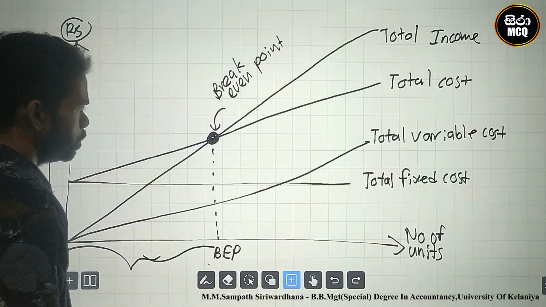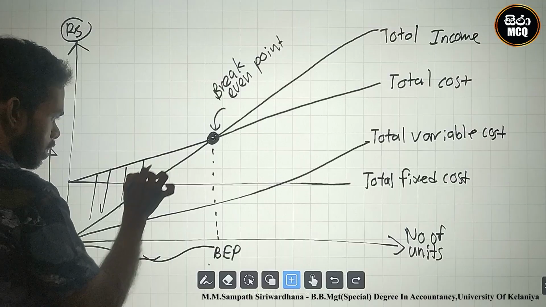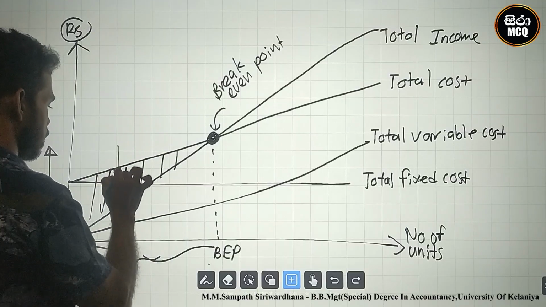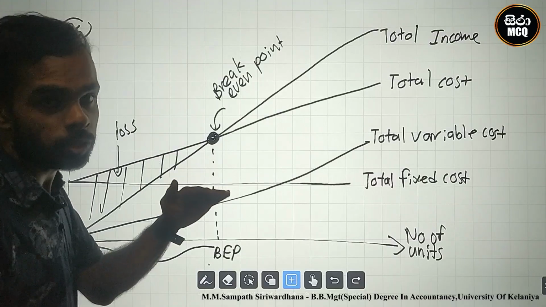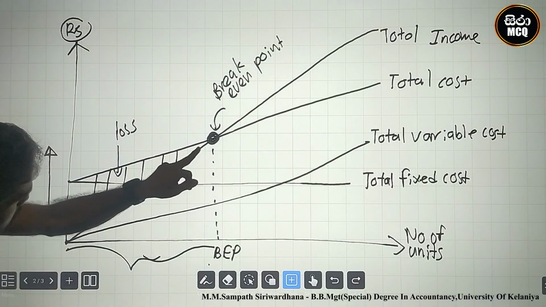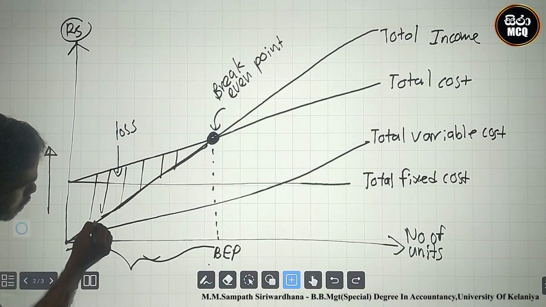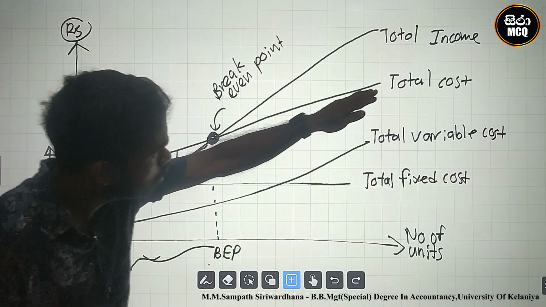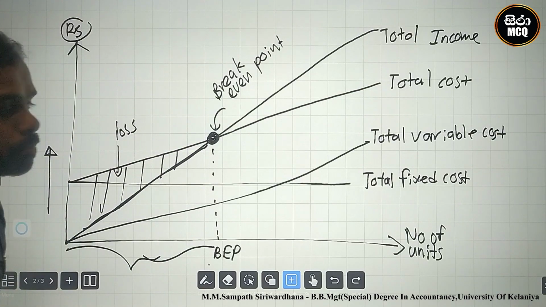This is the loss area. Before the break-even point, look here, income is lower. This is the income. Income is lower, but total cost is higher. Therefore, this is the loss area.